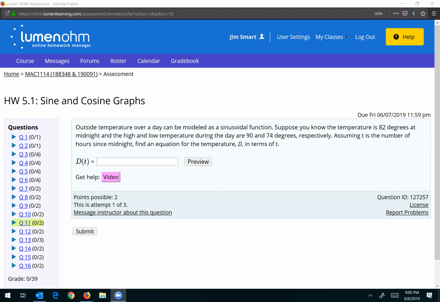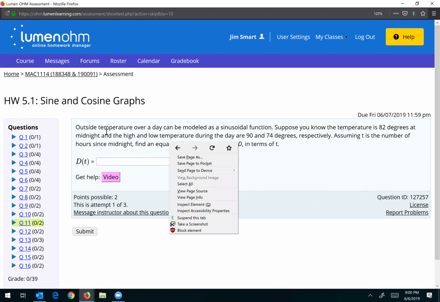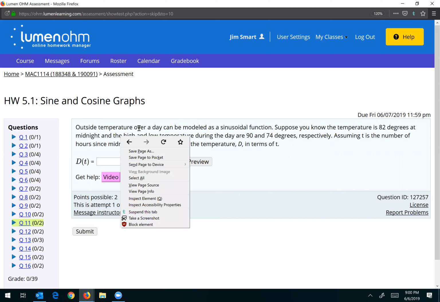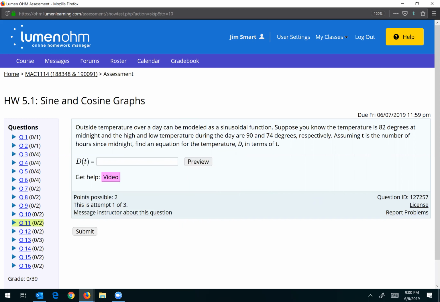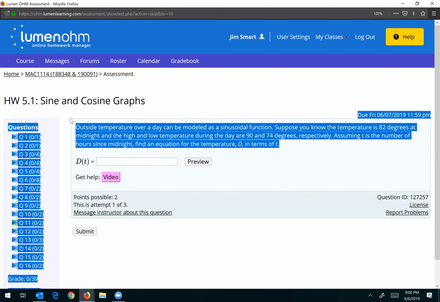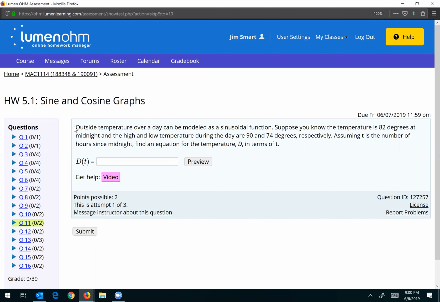So we've got a function where we've got the outside temperature. I think I'm just going to copy this and paste it. Oh, my pen is not working as well as I'd like it to. Eventually I'll get there.